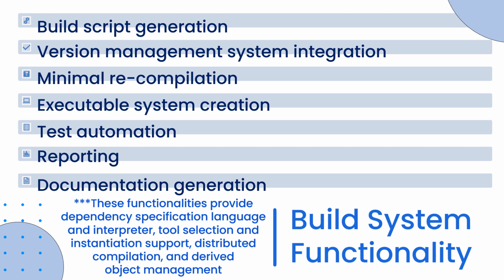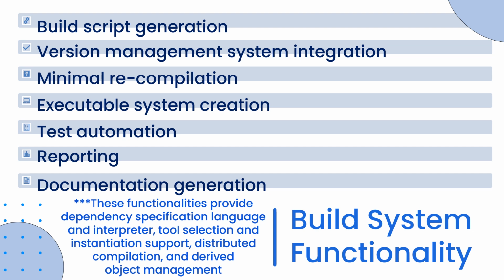These are the build system functionalities. Build script generation. It analyzes the program that is being built, identifies dependent components, and automatically generates a build script or a configuration file. Version management system integration. The build system should check out the required versions of the components from the version control system. Minimal recompilation. It works out what source code needs to be recompiled and sets up compilation if required. Executable system creation.